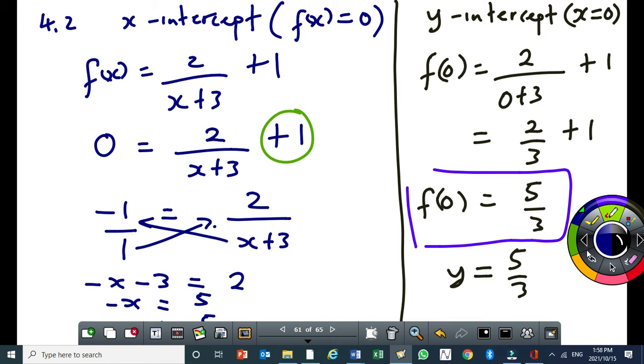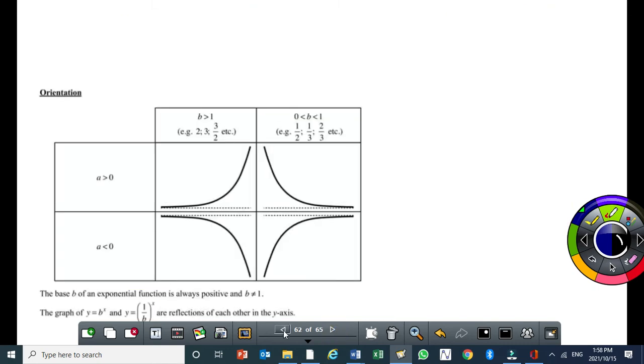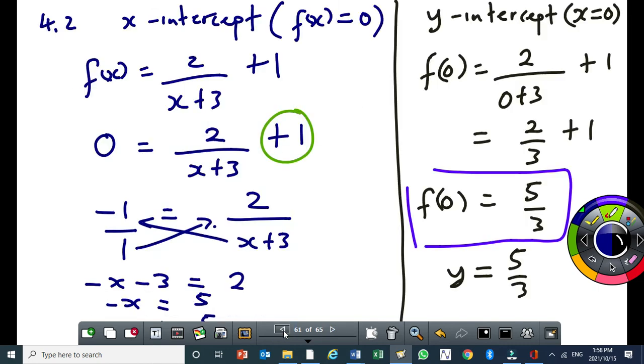Because if you convert it to 1,667, it's exactly the same as 5 over 3. So there's no point. Alright. For sketching purposes, if you want to make it easier for yourself, you can write that y equals 5 over 3 when you are sketching.